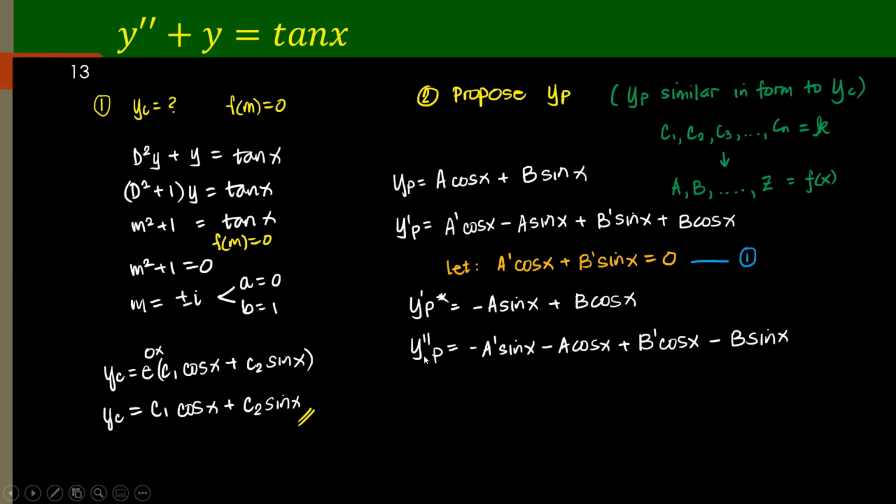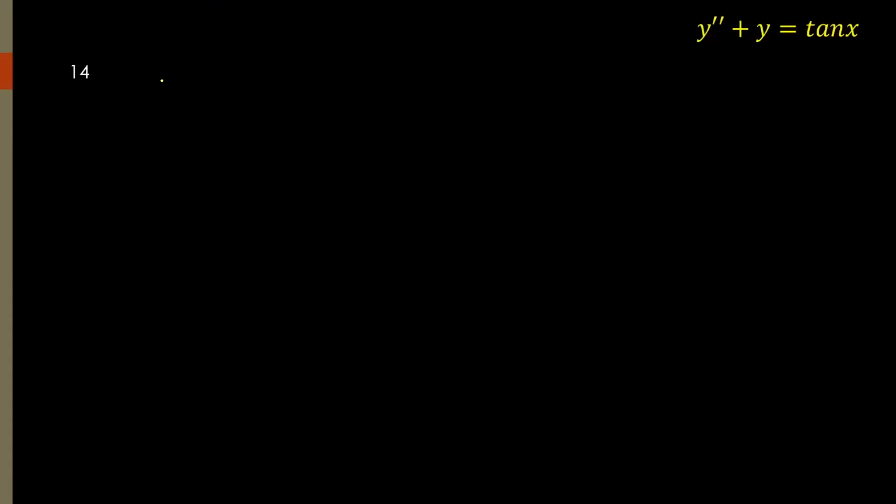So what do I do with them? Take note that y double prime in the original question plus y is equal to tangent of x. So I can say that y double prime of p plus y of p can be equated to tangent of x so that I can solve for the A prime, the B prime, and eventually A and B. So let's rewrite this first.